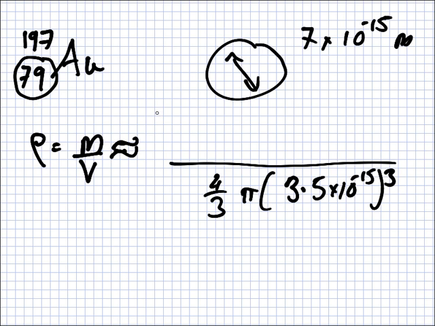Oh, don't tell me yet, I want to see if I can get it right. So, how many protons do we have? Well, we have 79. And the mass of the proton is both in the formula book and on your calculator. How many neutrons do we have?